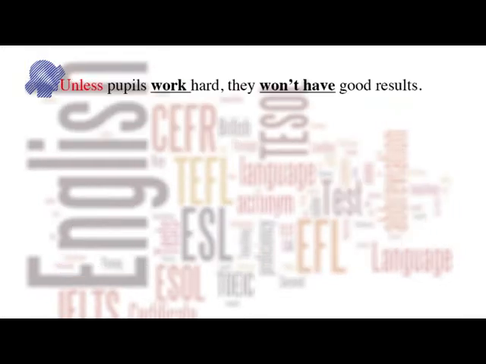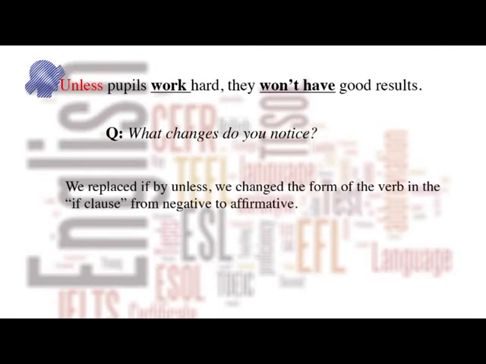Unless the pupils work hard, they won't have good results. What changes do you notice? Yes, we replaced if by unless. And yes, the second change is that we changed the form of the verb in the if clause from negative to affirmative. So what does that mean?